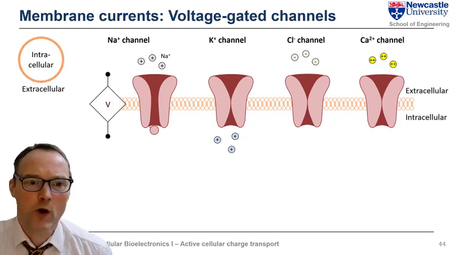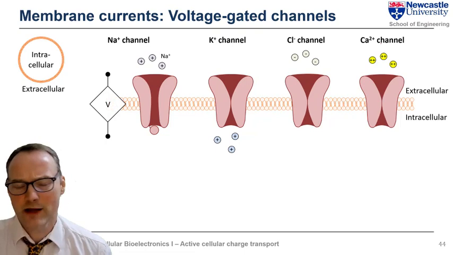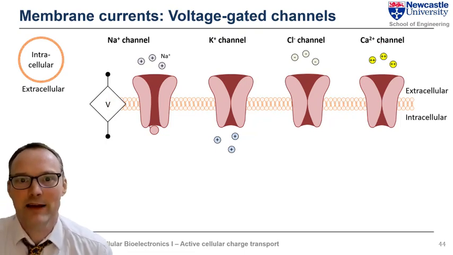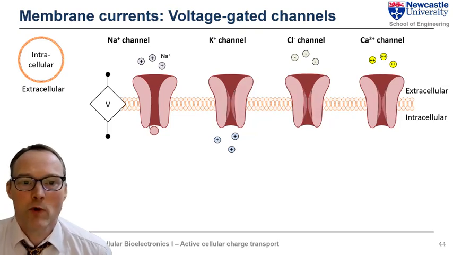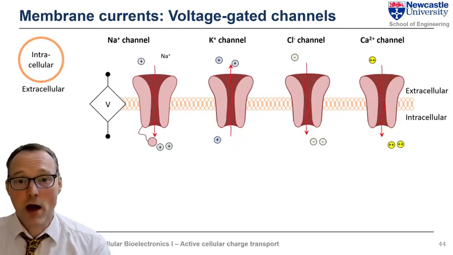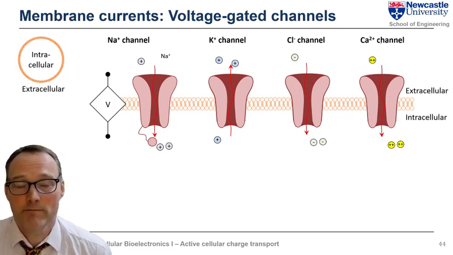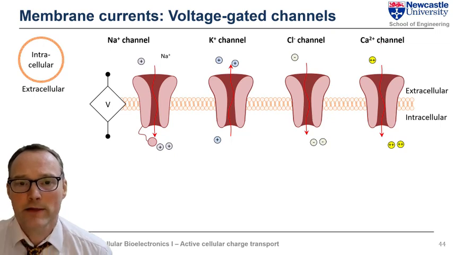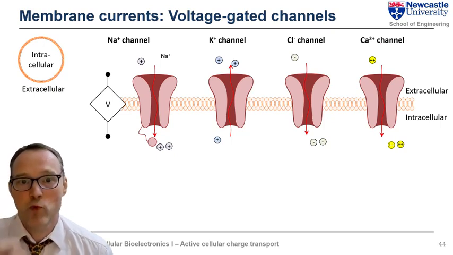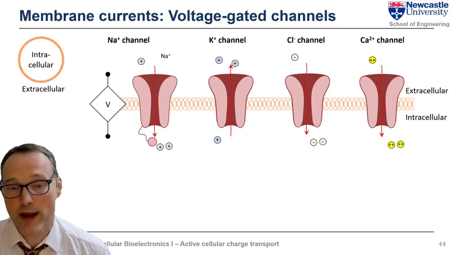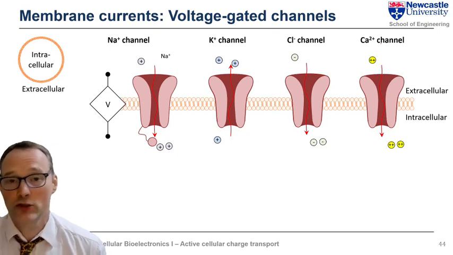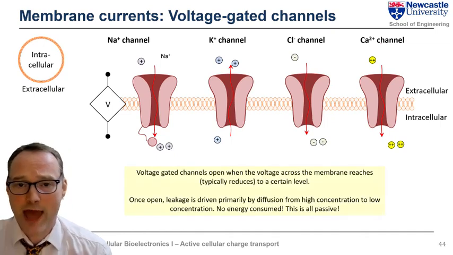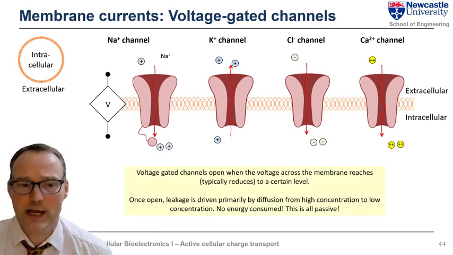And if you put a voltage across these voltage gated channels, and actually it's less of a voltage, it's kind of a negative process, then the channels open up, and this allows movement of charges in and out of a cell respectively. Now the movement of charge again is with the concentration gradients, so it can move from a high concentration to a low concentration, not vice versa. So again, there's no energy expended in this process.